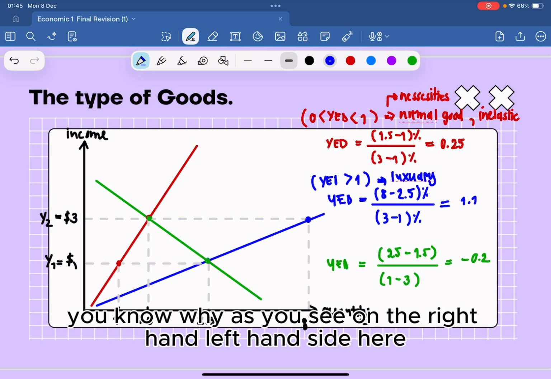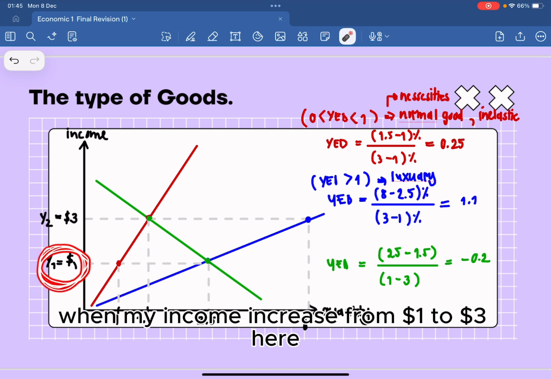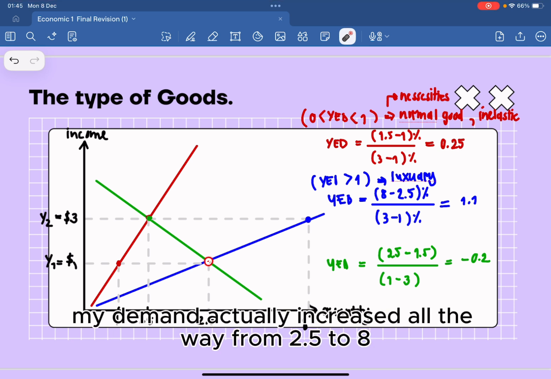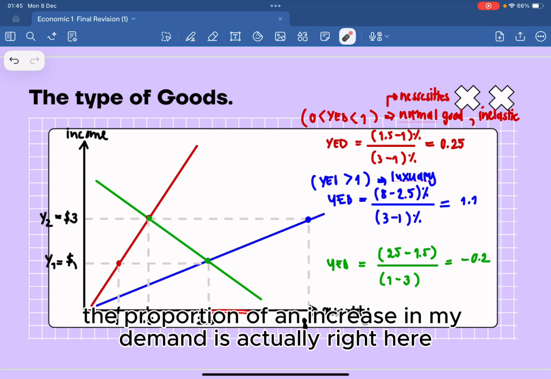As you see on the left hand side here, when my income increased from $1 to $3 here, my demand actually increased all the way from 2.5 to 8. Okay, so just $2 more, the proportion of increase in my demand is actually right here.